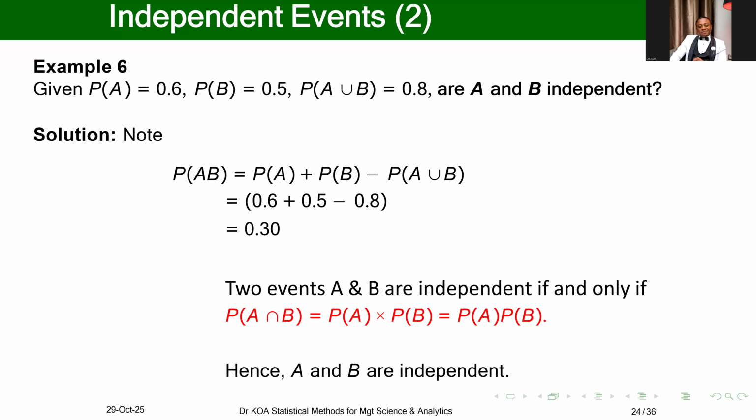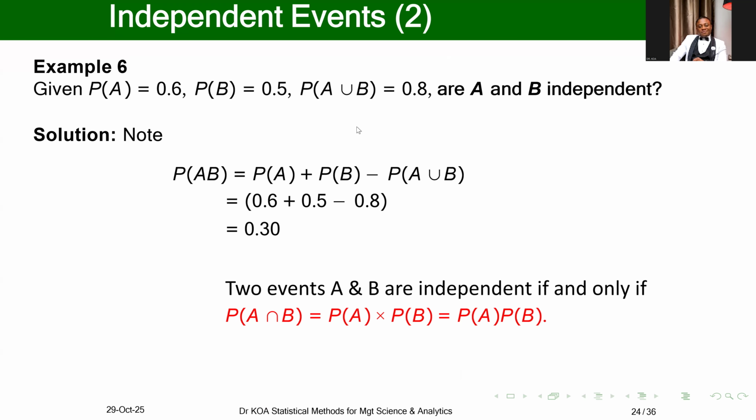So if A and B are independent, that is equal to the probability of A times the probability of B. In other words, the same thing you are calling probability of A intersection B is the same as probability of A times probability of B, provided that they are what? Independent. But if they are not independent, what happens?